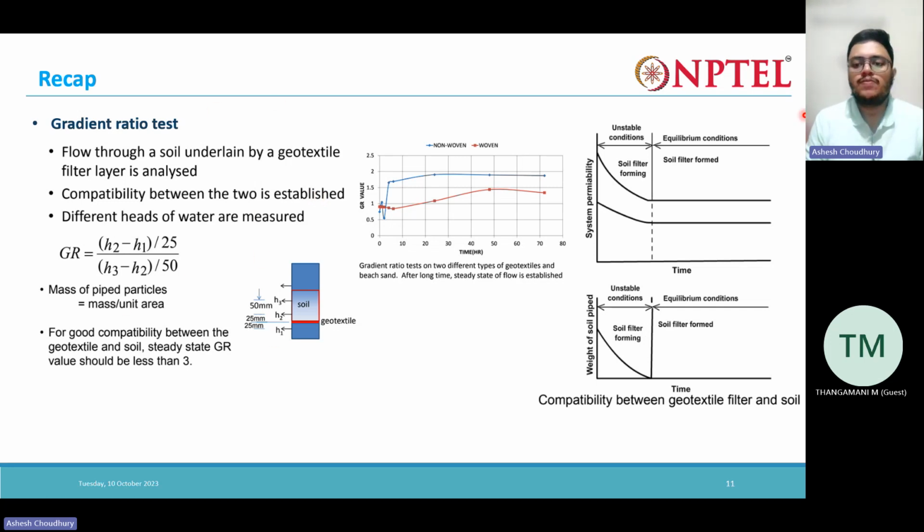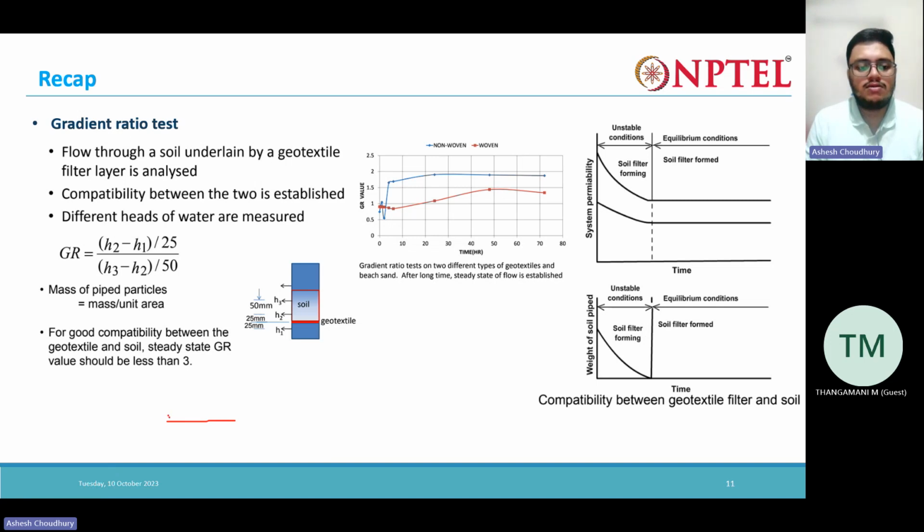Okay, this was discussed. So you can see here with time, initially what happens? Initially, the permeability of the system reduces. As there is a soil filter formation, initially it is high permeability. After that, permeability will reduce a bit. And after this soil filter is formed, a separate filter is formed actually with the help of soil particles. Okay, so say we have a filter.